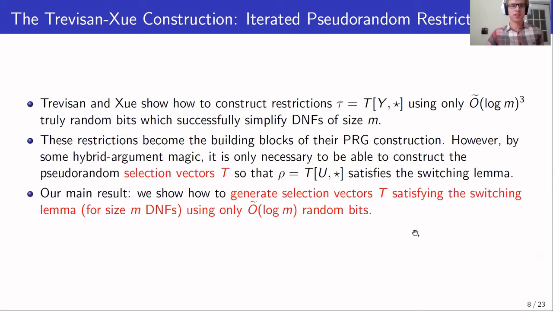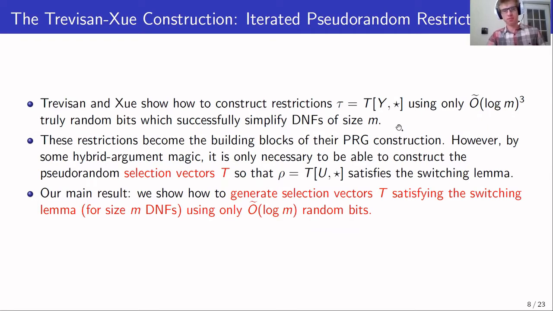Trevisan and Xue show how to construct pseudorandom restrictions. In fact, they get a pseudorandom selection vector t and assignment y, and they use about log m cubed truly random bits to sample those restrictions. So these restrictions are the building block of their construction.